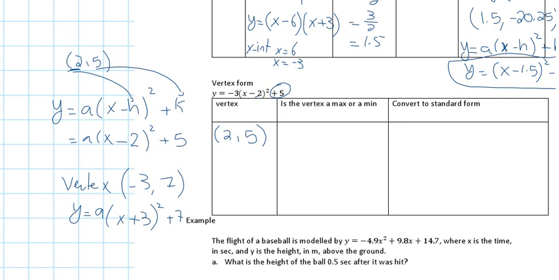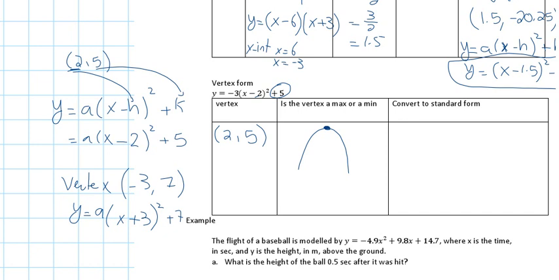Now, is the vertex a max or a min? Which way is this going to open? Down. Since it's going to open down, is it a max or a min? A max. Why?